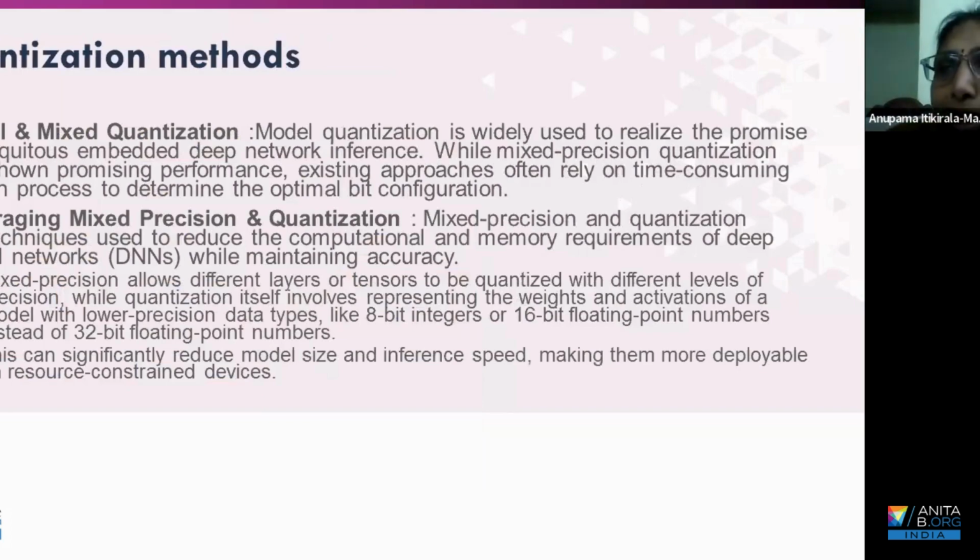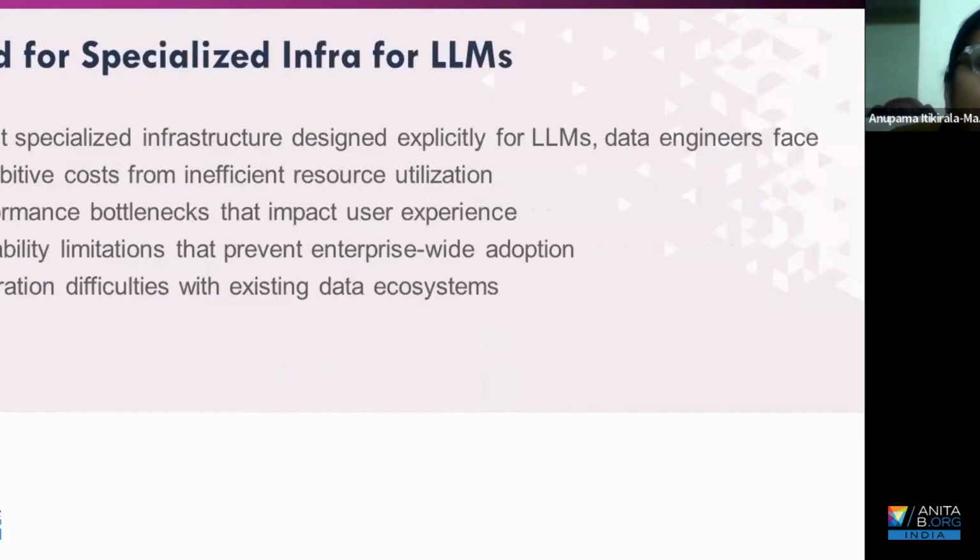We do have something like I spoke about, 16 and 32-bit, but we also have mixed quantization and the precisions. This is where the neural networks stop. I'm just giving this as a pointer; I don't want to get into this at this point of time. But I want to talk about the need for specialized LLMs. Like I've been saying, it is mostly cost, performance, scalability.